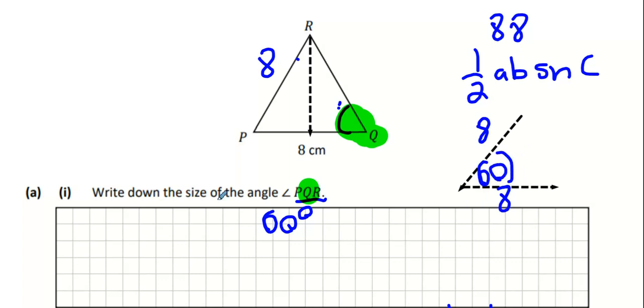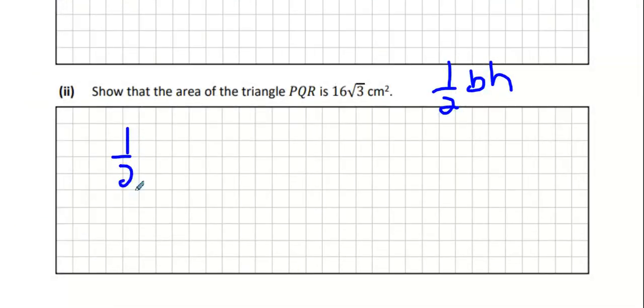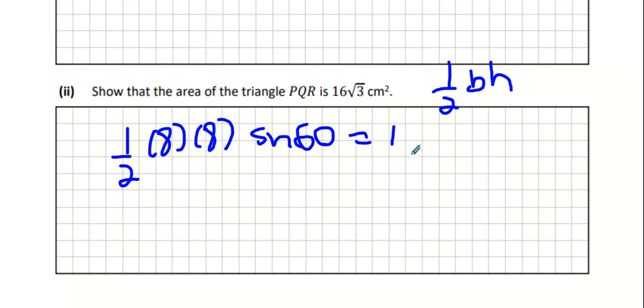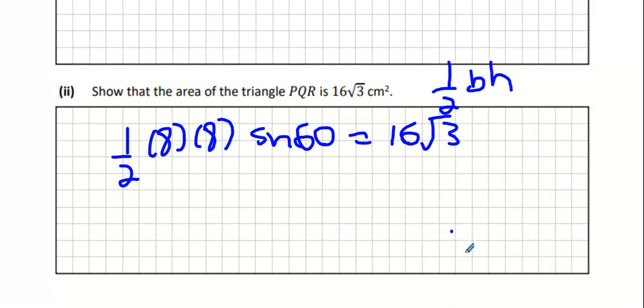So you're going to do a half 8 times 8 sine 60. Put that into the calculator and it will kick out 16 root 3. 16 root 3. Happy days? Okay.